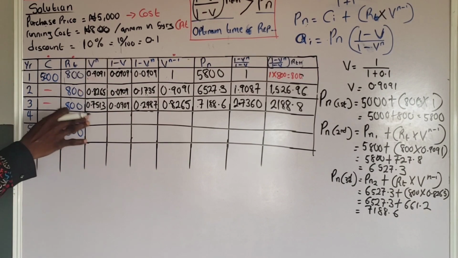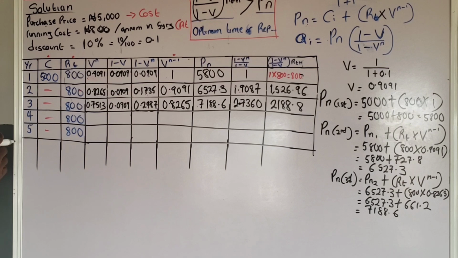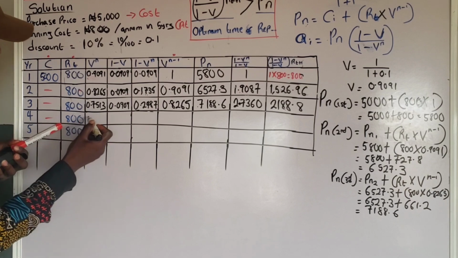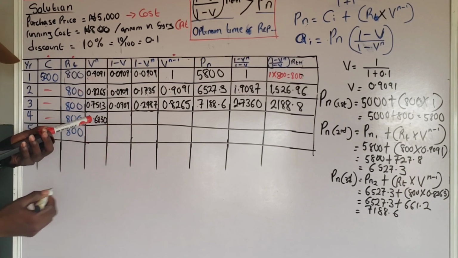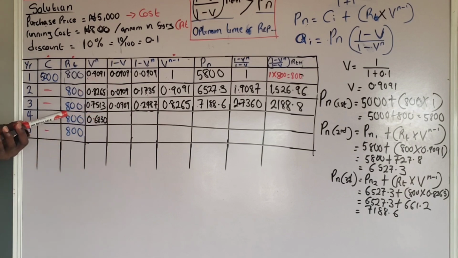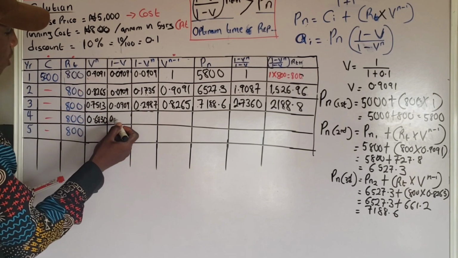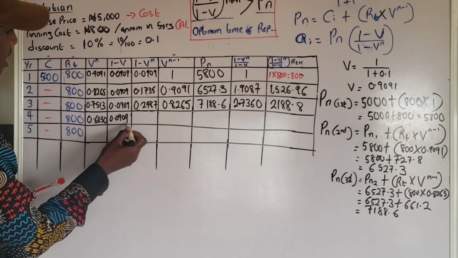Now in the fourth year, we have v raised to the power of n as well. Because n now is 4, you understand? N is the year, n is 4. So I'm going to have v, which is 0.9091, raised to the power of 4. 0.9091 raised to the power of 4 is 0.6830. Now 1 minus v is still the same, 0.0909.